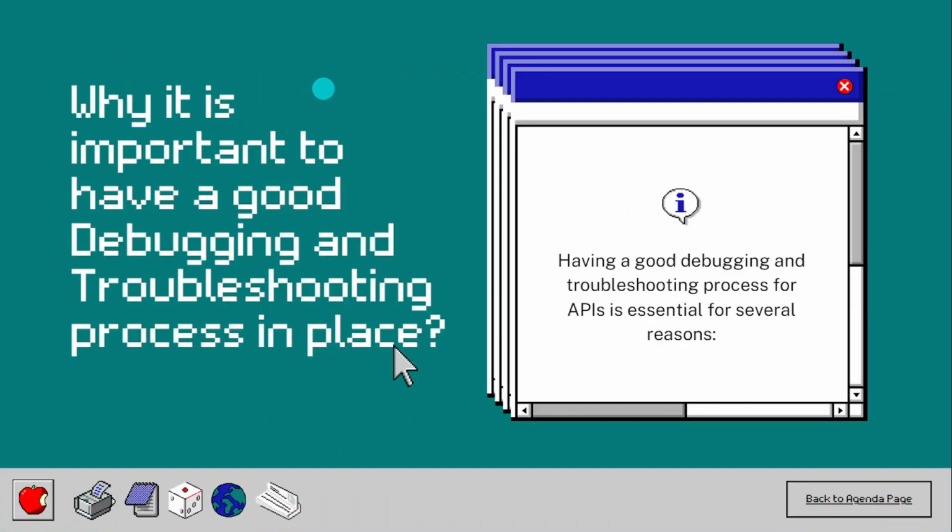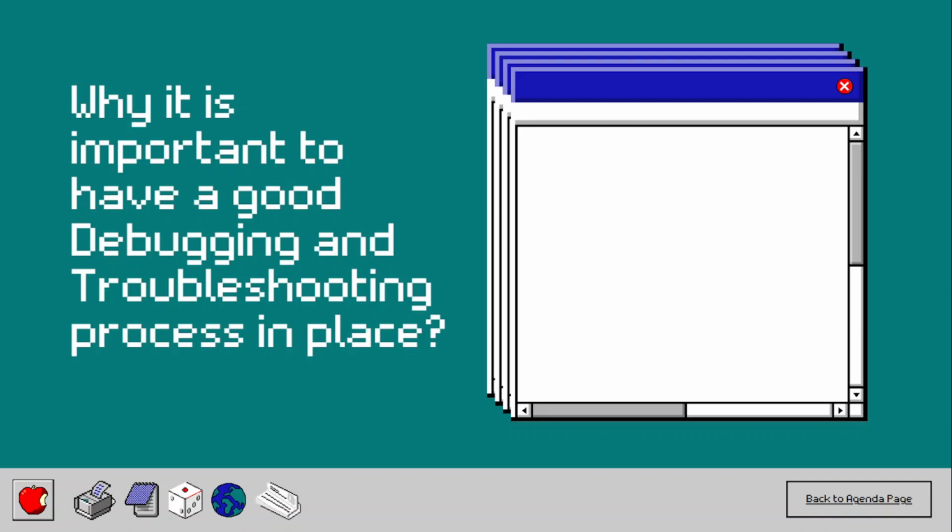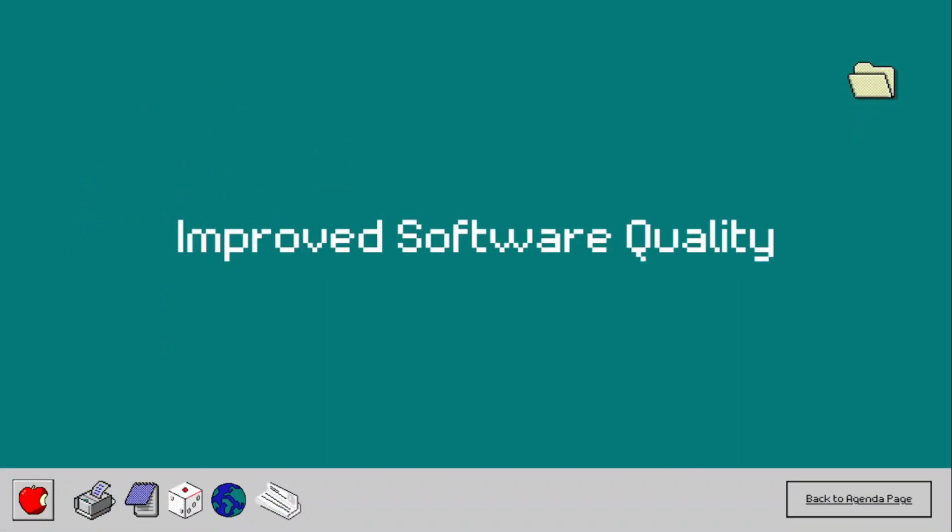Why is it important to have a good debugging and troubleshooting process in place? Having a good debugging and troubleshooting process for APIs is essential for several reasons. I have listed 5 things on why it is important. First, to improve software quality.